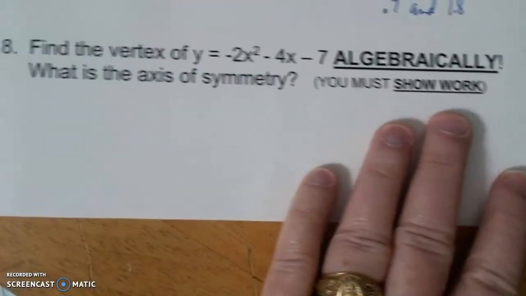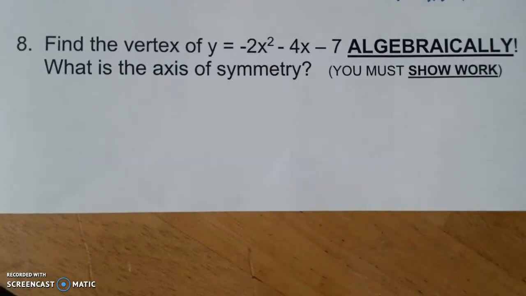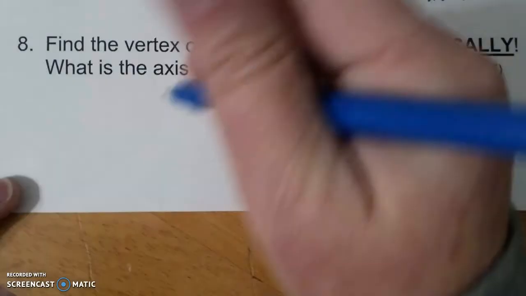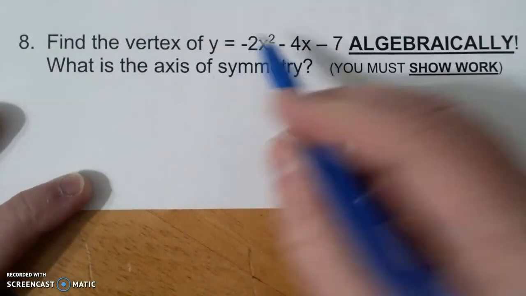The next set is we have to find the vertex of y equals negative 2x squared minus 4x minus 7 algebraically, and what is the axis of symmetry. Remember that the axis of symmetry is easier to find than the vertex.